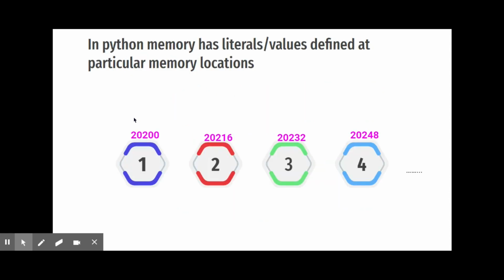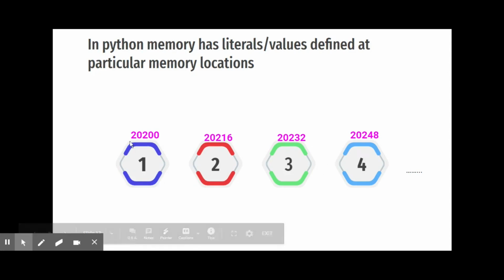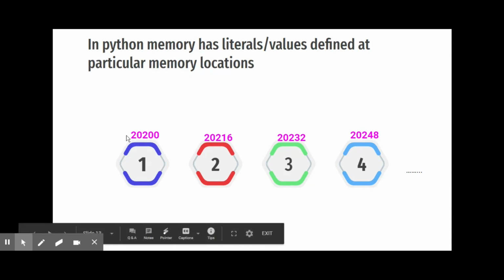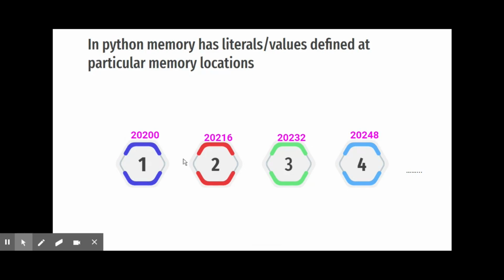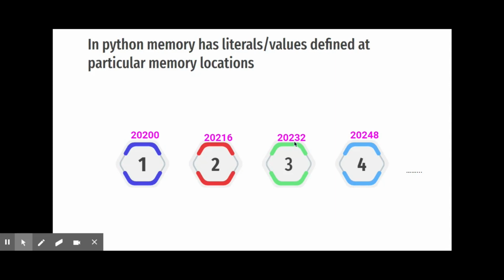In Python, whenever I have values like say 1, 2, 3, 4, all these values are defined at a particular memory location. Like 1 is defined at 20,200th location, 2 is defined at 20,216th location, 3 is defined at 20,232nd location. When I'm saying A equal to 1, that means my A label is pointing to this. B also equal to 1.